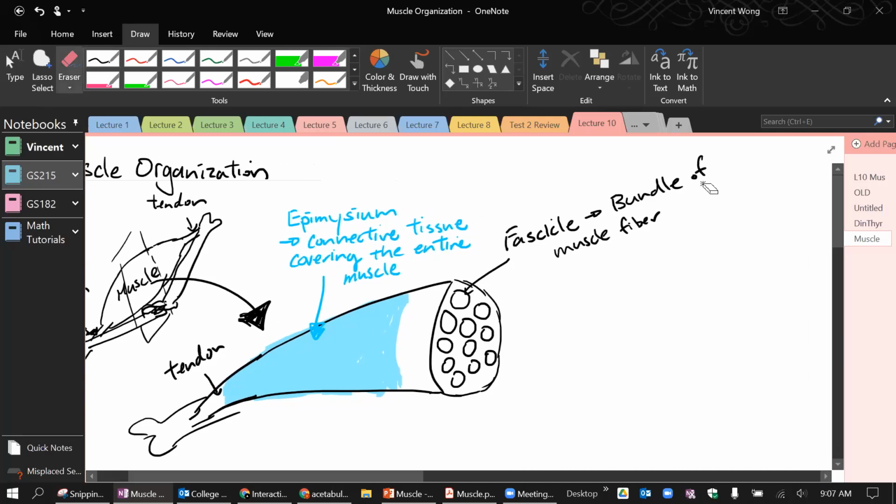A muscle fiber is just another word for muscle cell. Muscle fiber is muscle cell. So if you group a bunch of muscle cells together, you would get a fascicle.